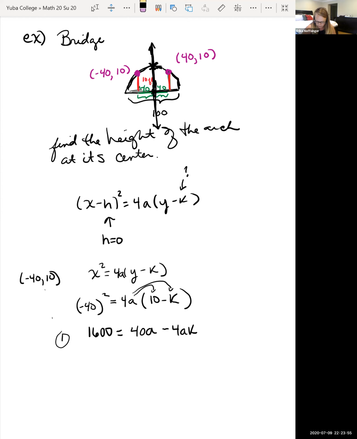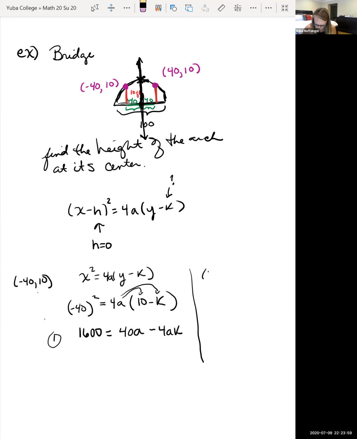We're going to get another equation based off the point 40, 10. Notice that when we plug in those values though, when I plug in 40 for my x value, I square it. This is equal to 4 times a. Y is still 10 minus k.